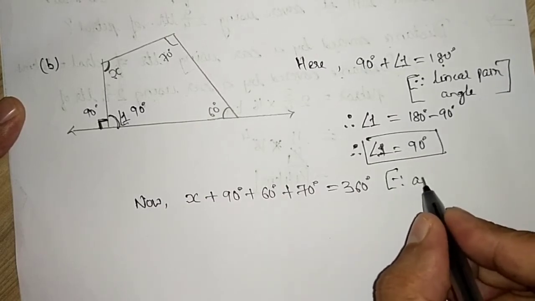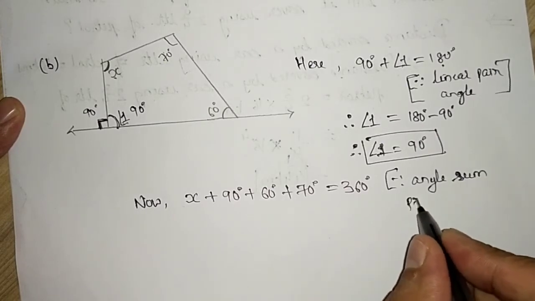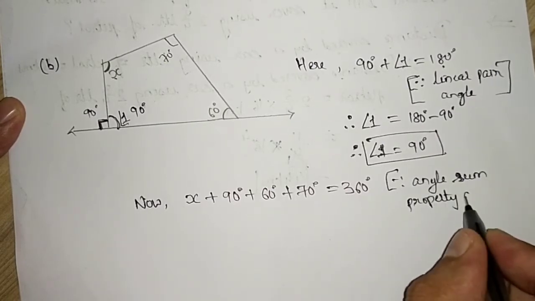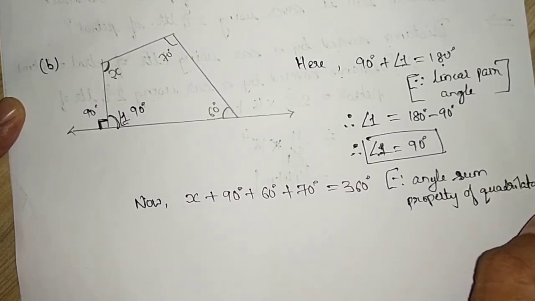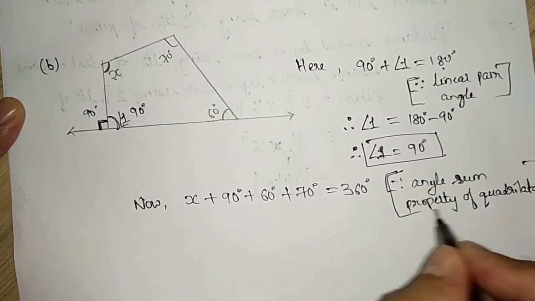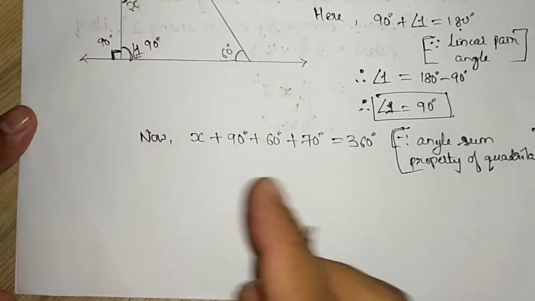Why? Because of the angle sum property of a quadrilateral. The above written statement can be written in short like this also.